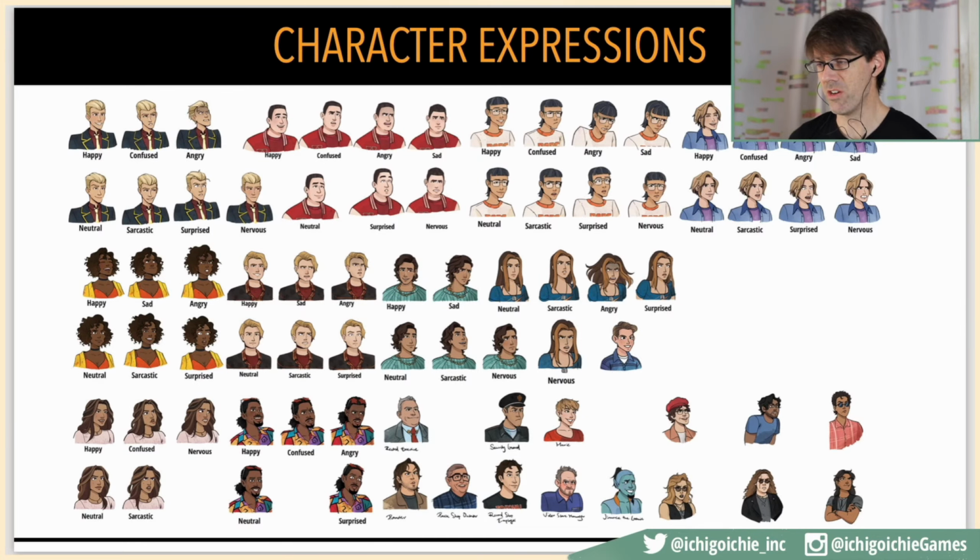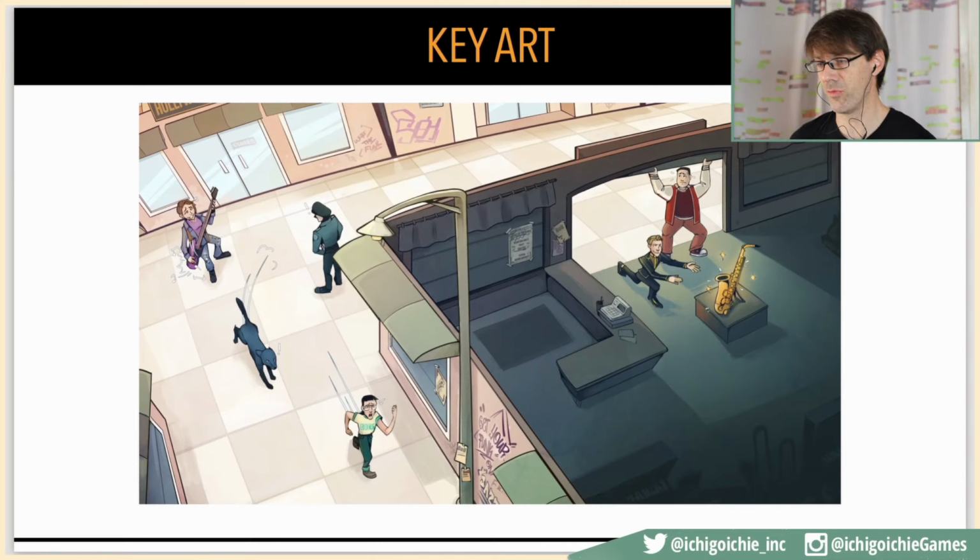Now we're going to look at a couple key art pieces here. This is the first piece of key art that we had in Backbeat, and it kind of shows the feeling, the vibe of the game. We wanted to build something that illustrates how the characters all work together and different predicaments they can get into, and also shows off their personality a little bit.